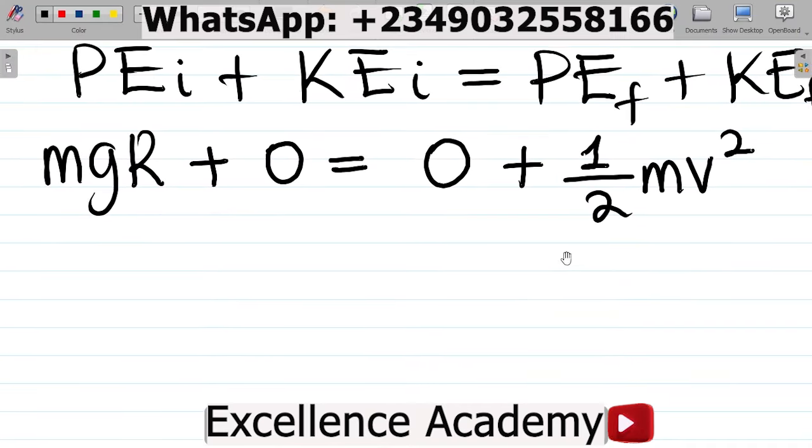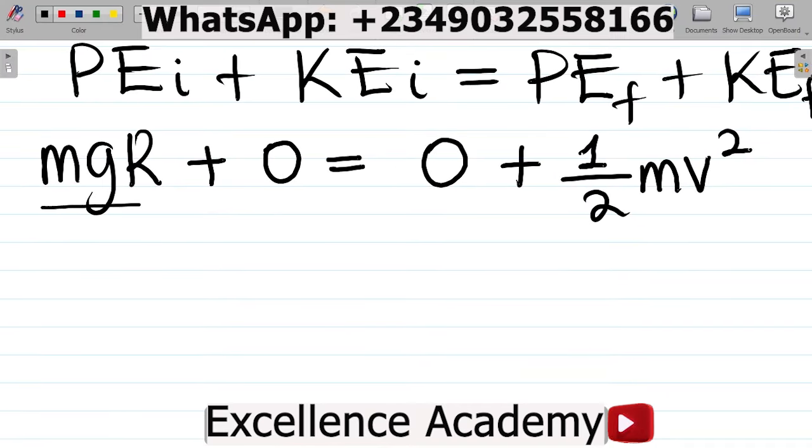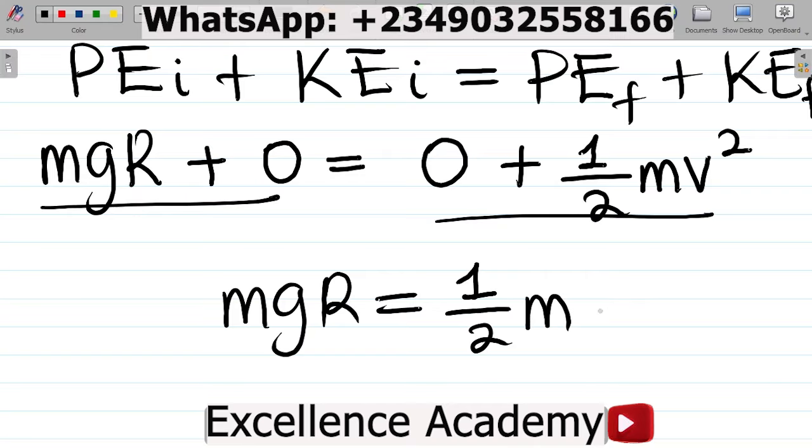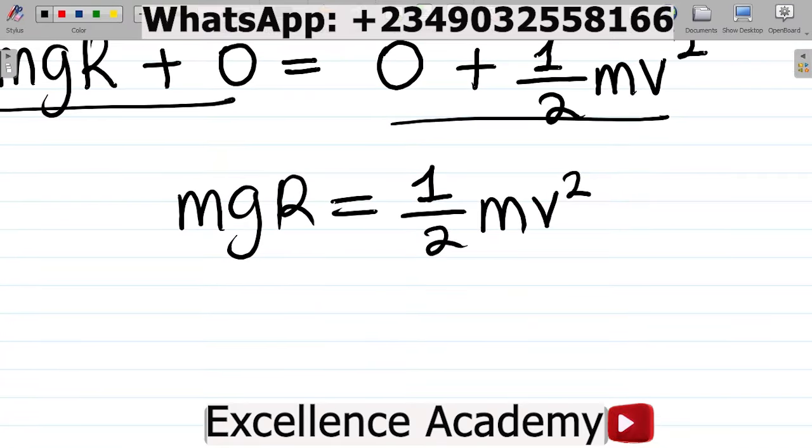So we have this. Now, working on this, mgr plus 0 obviously gives you mgr. It's equal to 0 plus half mv squared gives you half mv squared. So we have this. Now, don't forget that when you have the same thing or the same parameter on both sides of an equation, they can cancel out. In essence, from here, m can cancel m from here.